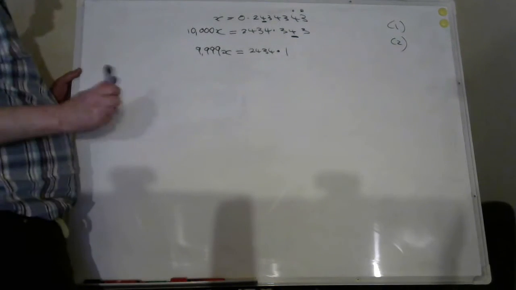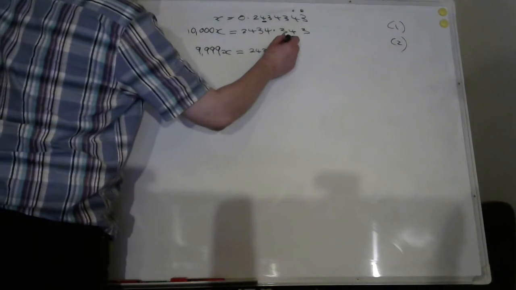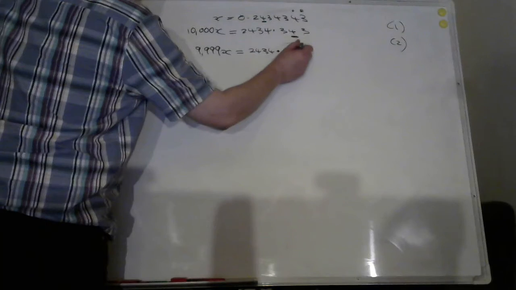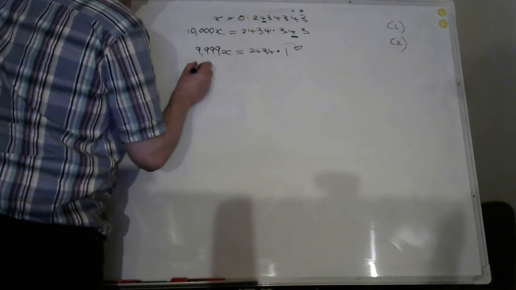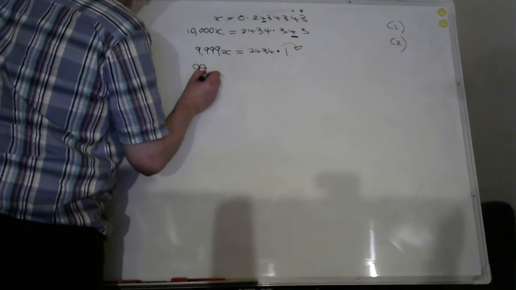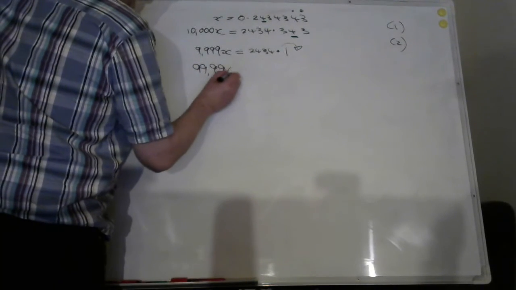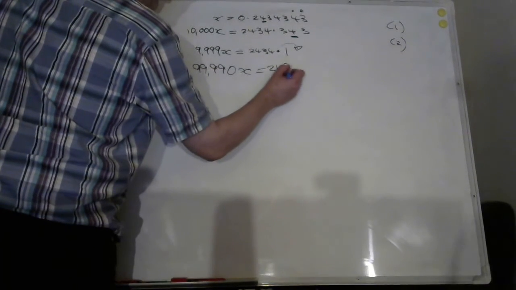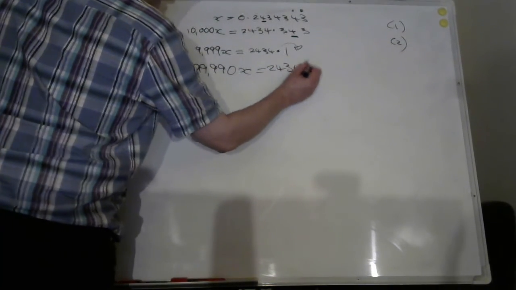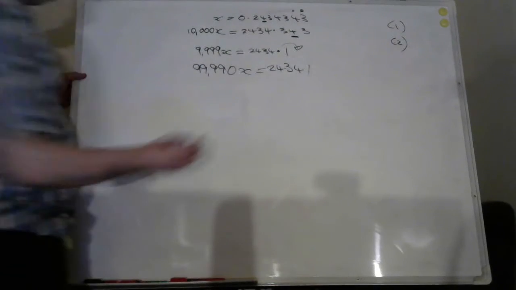So in actual fact, if we move the decimal point now 1 place to the right, we have to do the same on this side. So that's 99,990x equals 24341. Is that right, Chris? Ooh, I don't know. Yeah.